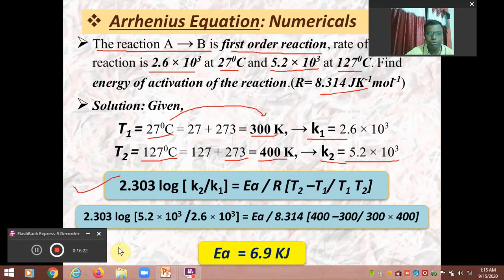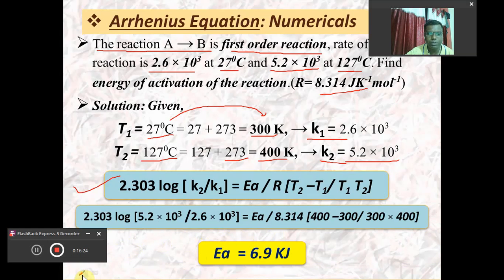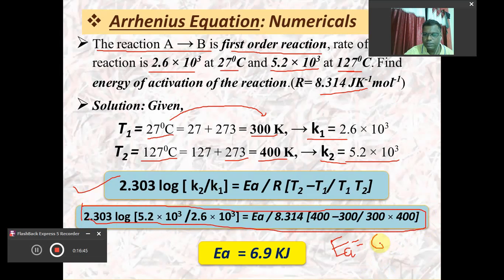So dear friends, I want to tell you one thing here. Whatever answer you get here, initially when you solve this numerical, you should get 690 joule.